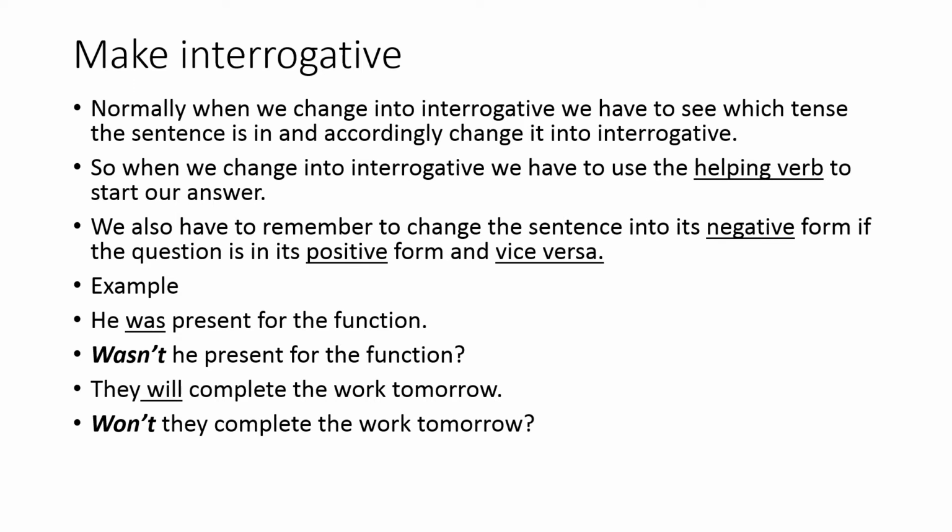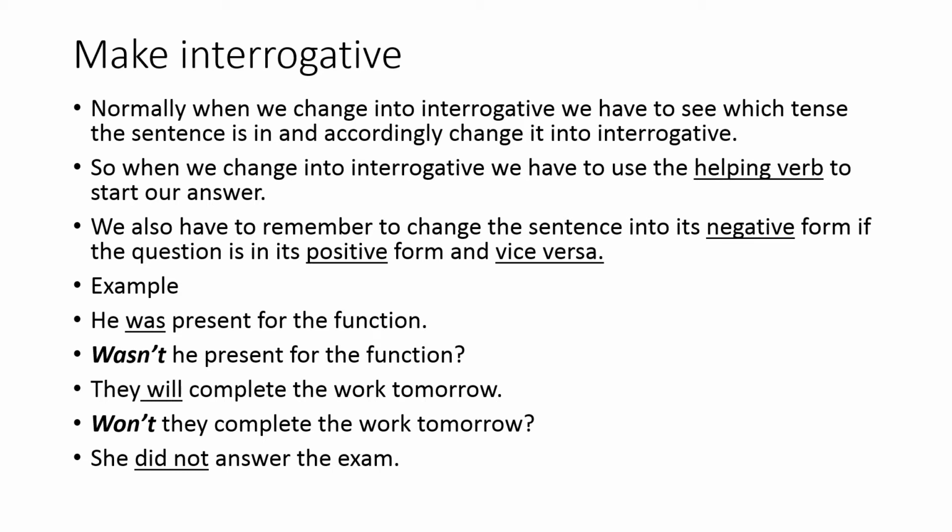Then next sentence, she did not answer the exam. Now this is a negative sentence. We will give it a positive answer. The previous two were positive sentences, so we gave negative answers. Now we will give it a positive answer. Did is your verb which is present in the sentence with which we will start our answer. But remember, not is also present in the sentence.